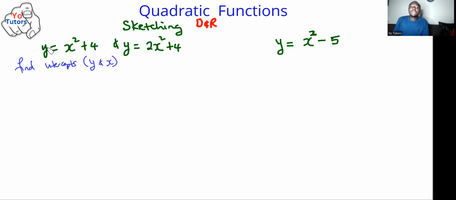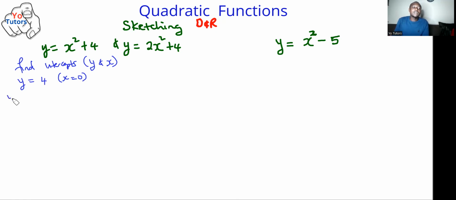But for the first equation here, what do we know about the intercepts? We know that the y-intercept: y is equal to 4 when x is equal to 0. What about when y is equal to 0?